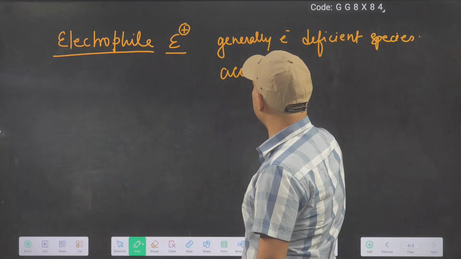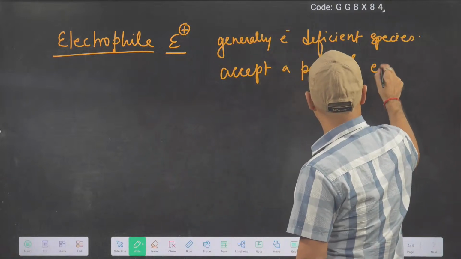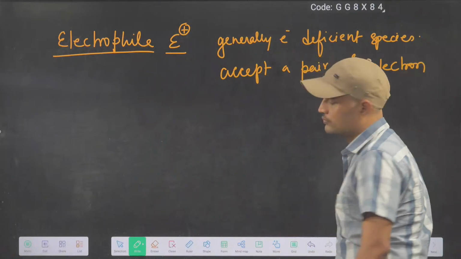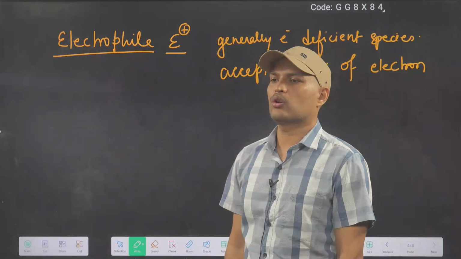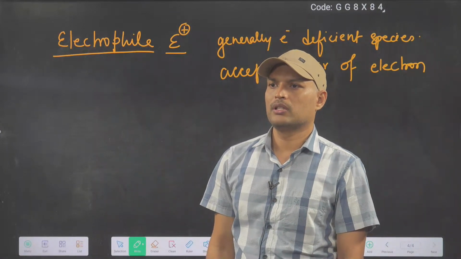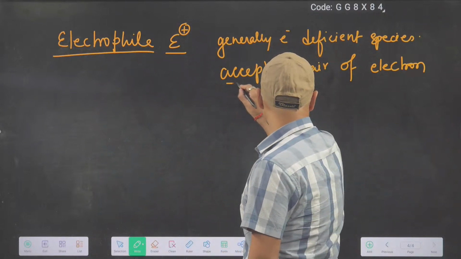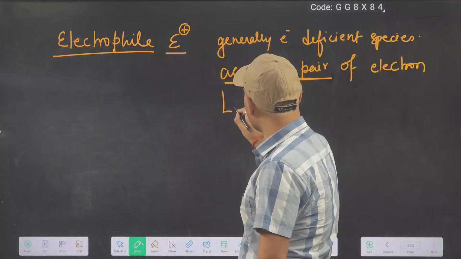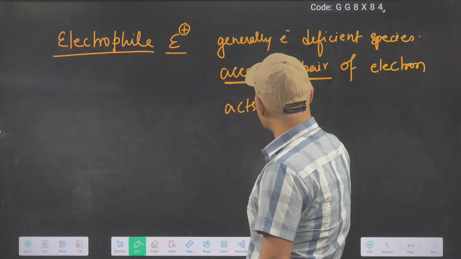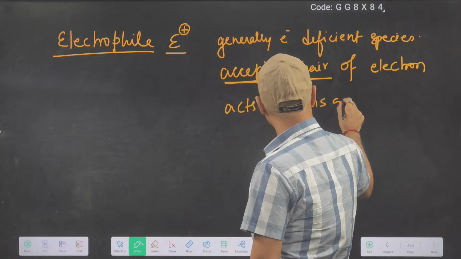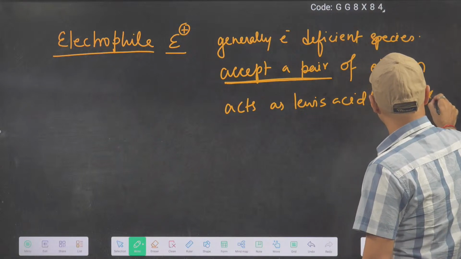They will accept a pair of electrons. Those who accept a pair of electrons are also known as Lewis acids. So we can say it acts as a Lewis acid. What is a Lewis acid? Electron pair acceptor.